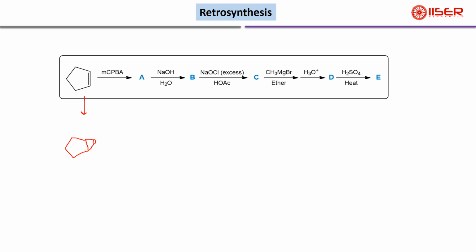To plan whatever product is forming, I am drawing the product in just one second. For that you have to have an idea of all these simple reactions and what we have discussed till now. So this will be A. Next, if you add NaOH, this will be hydrolyzed to give a diol.